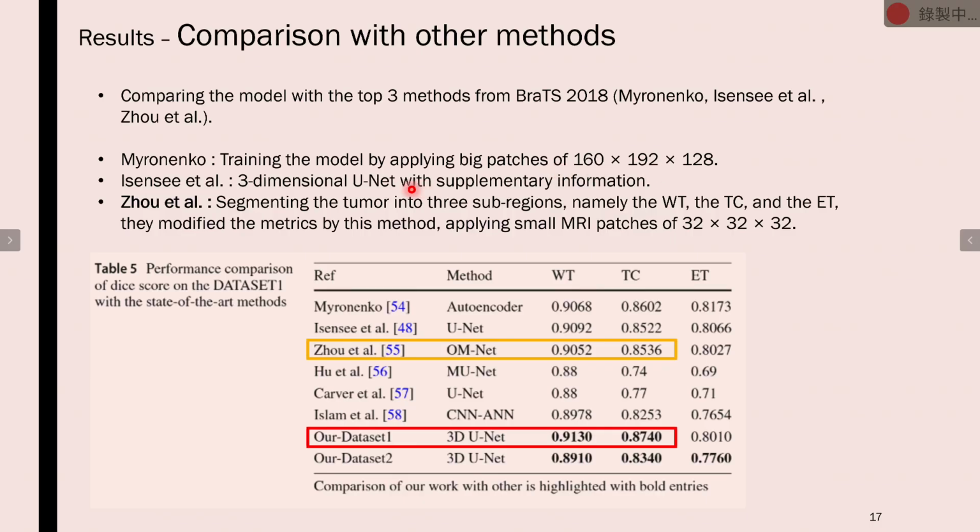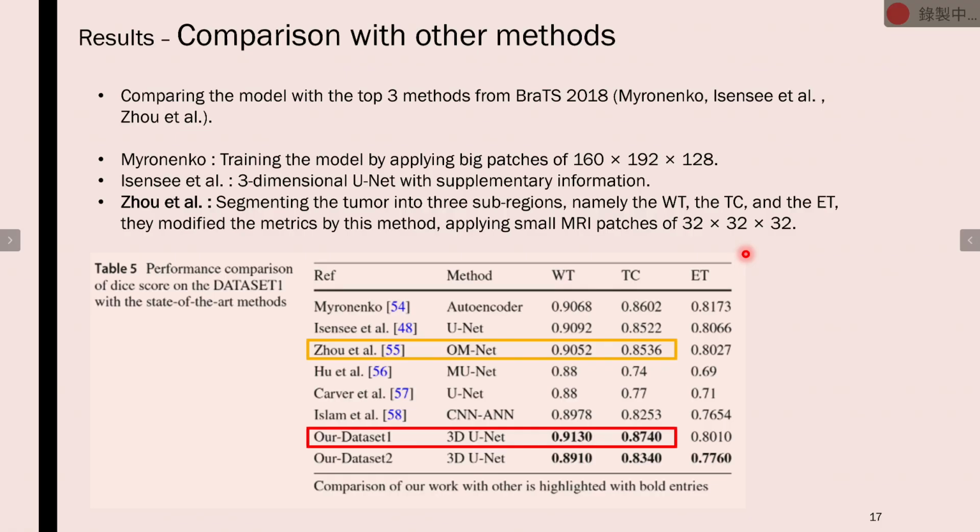The second one is Sensi, which uses the standard three-dimensional UNet. The third one also segments the tumor into 3 subregions and modifies the metrics by this method, but they use small patches of MRI image.